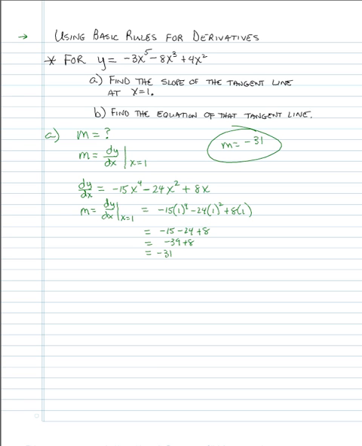Slope is negative 31. Now, part B is that we need to know the equation of the tangent line at x equal 1. But remember, the equation of any line requires two components. It requires a slope of the line, and a point on the line.